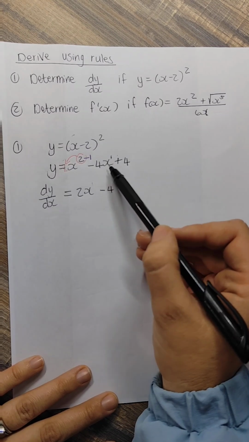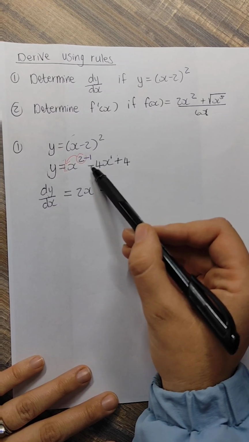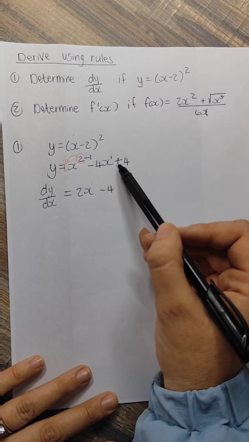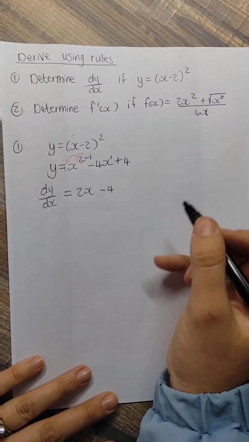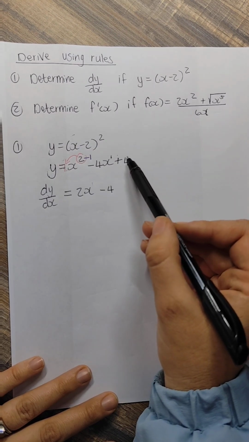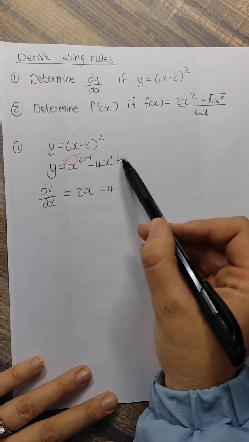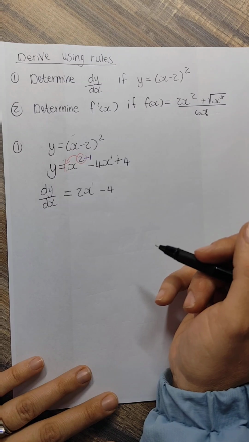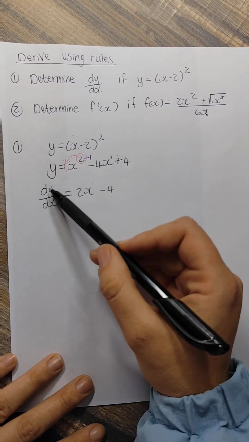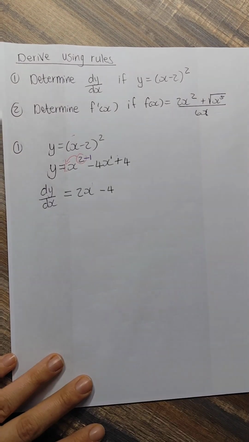So when we do a derivative of only x, we only rewrite the coefficient. The x is going to fall away. And then the derivative of a constant is equal to 0. That's a very important rule to remember. The derivative of a constant value is always equal to 0. And there we go. We have now calculated the derivative of y in terms of x.